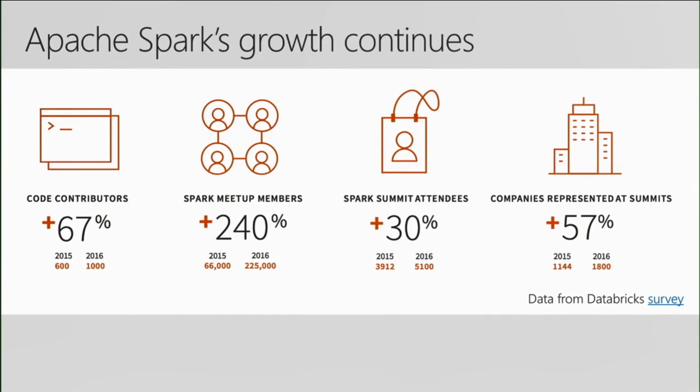There are, of course, some challengers to Spark, alternative technologies. One of the recent ones is a technology called Flink. A couple of years ago, it was introduced, and it provided better support for streaming. And it generated a lot of interest and attention. And people were saying, hey, is Flink going to replace Spark?